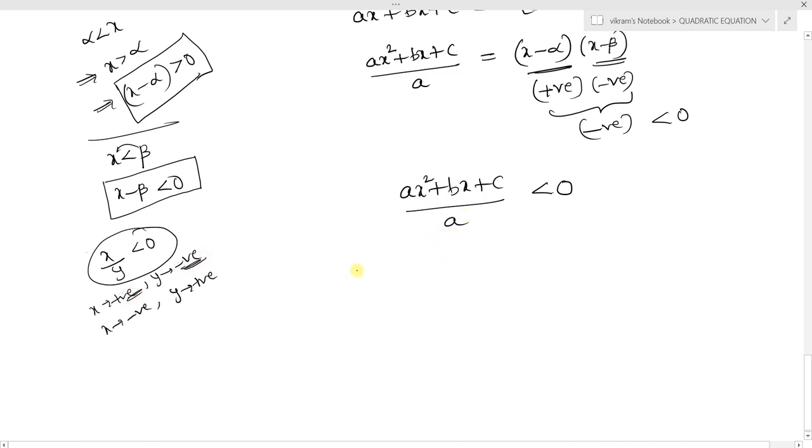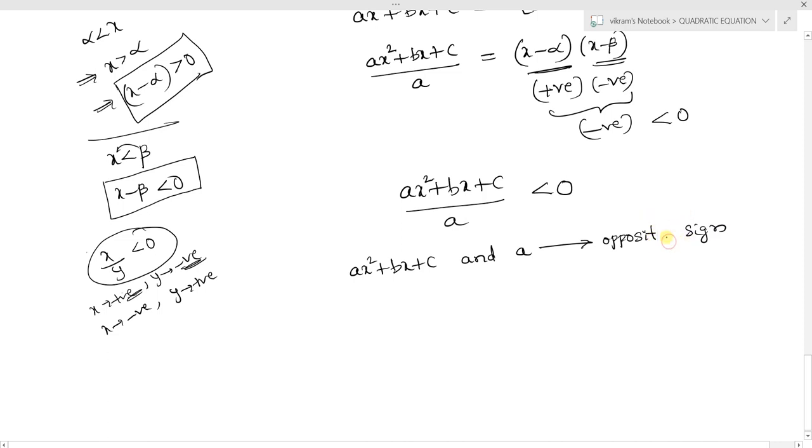So we can say that ax square plus bx plus c and the quotient of x square will have opposite sign.